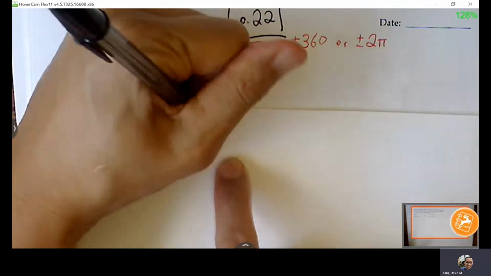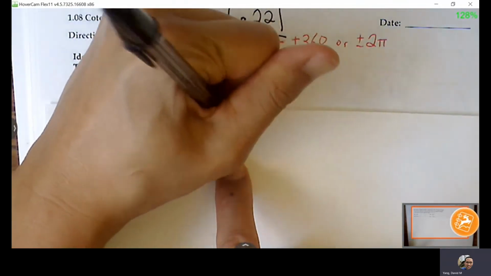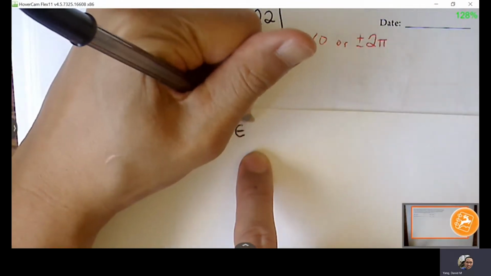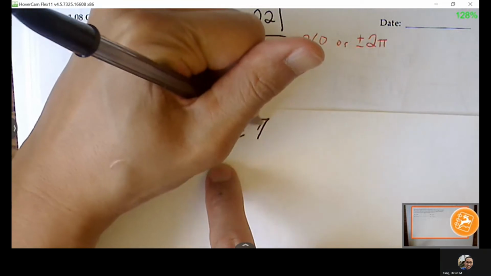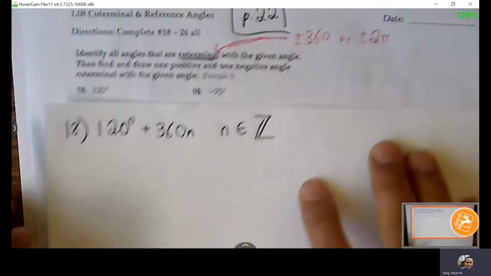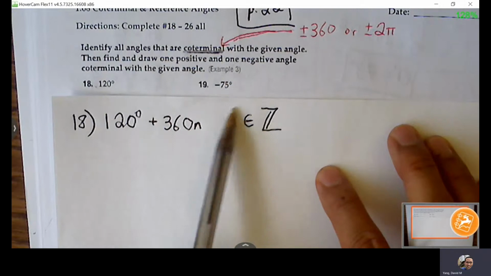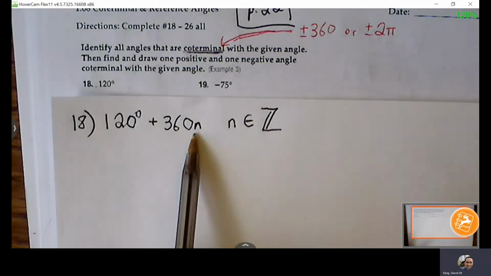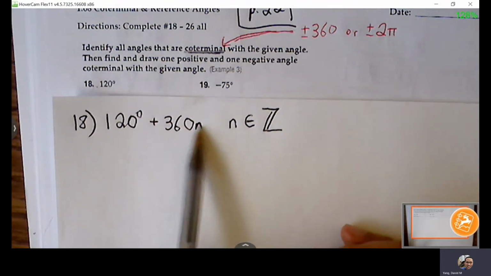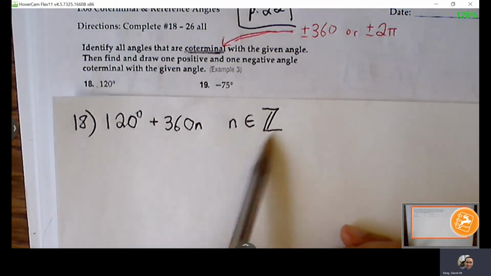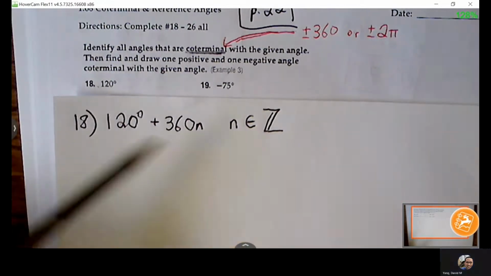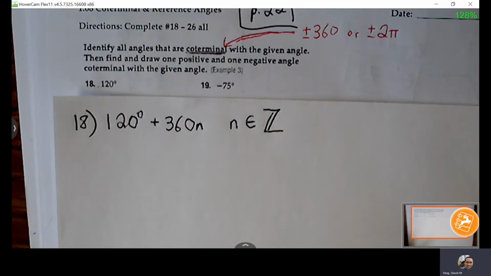So to indicate what n represents, we'll just say n is an element of the integers. The notation for integer looks kind of strange, kind of like a Z. That's just to indicate that n is an element with a value that's an integer. So it could be 300, it could be 2, it could be negative 500. Those are all valid n values. We just want to be able to define what n means. It could be positive, it could be negative. But these will represent all the possible coterminal angles for 120 degrees. Okay.